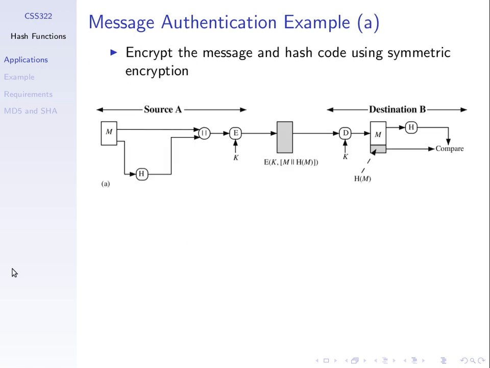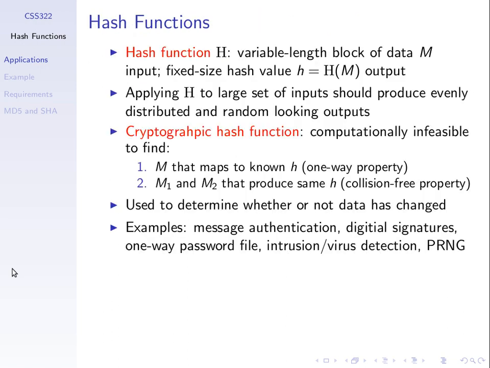If we go back, one of our desired properties of our hash function is the one-way property. We can take the hash of a message and get the hash value, but we cannot go back the other direction. Given the hash value, find the message. That is, it's easy to calculate the hash of some message and get the hash value, but it should be computationally hard to, given the hash value, find the original message.